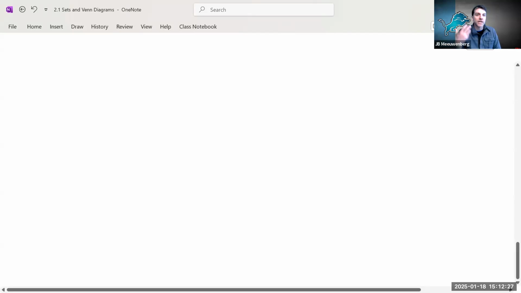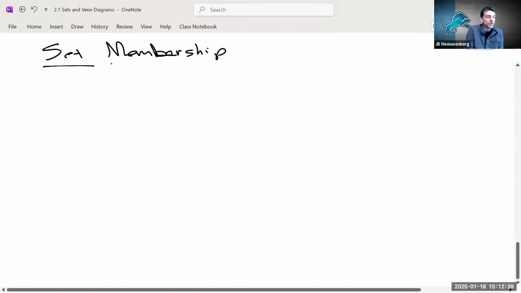Okay, so moving on to a new concept. This is where we start to really introduce a lot more symbols, okay? So we're going to talk about what's called set membership. How do we show through some use of symbols that a particular element belongs to a set?